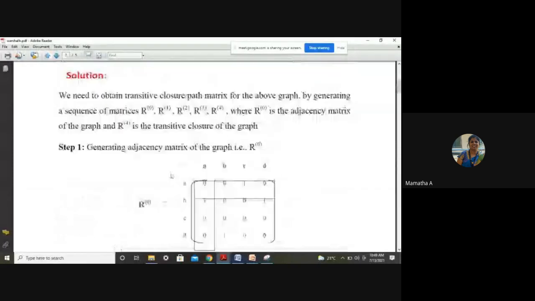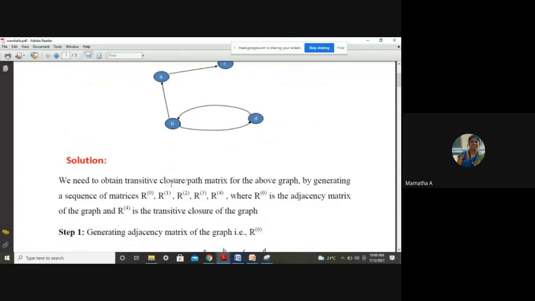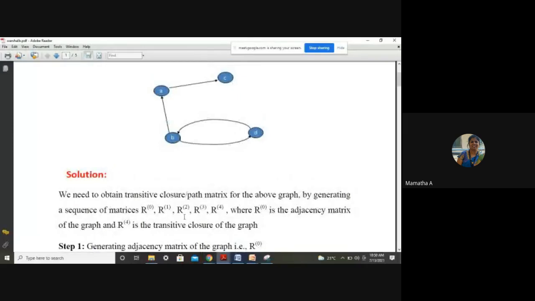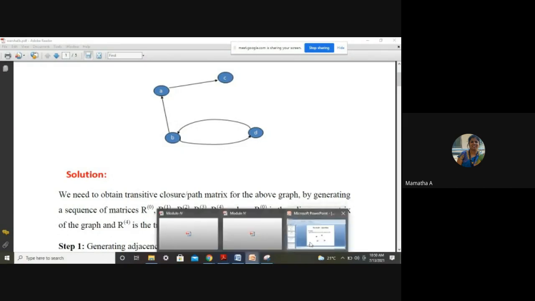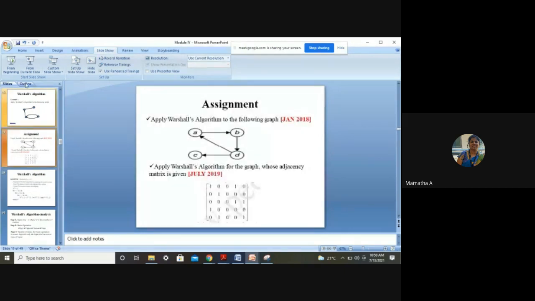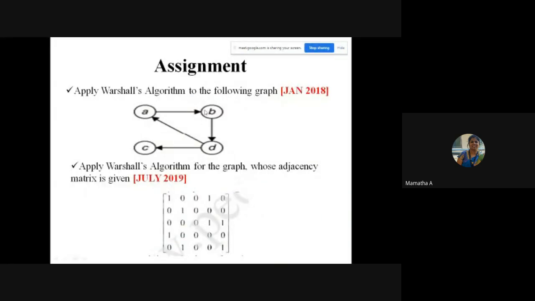Yes? Any doubts? Right? Okay, tell me what is the first step? What should you generate? What are the matrices that you have to generate for this graph?